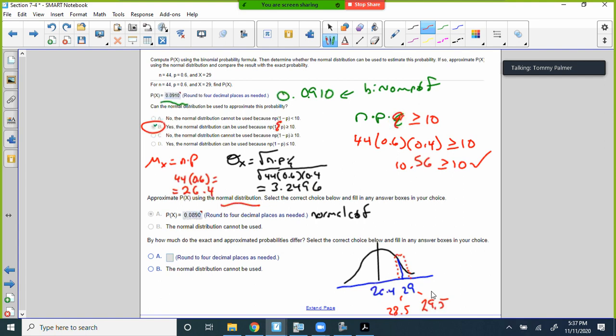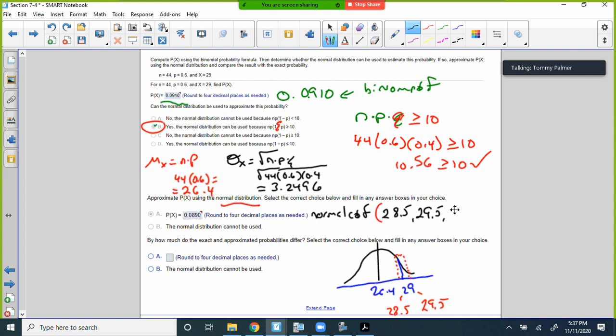So when we do this, the normal CDF says I need a lower limit. That lower limit is going to be 28.5, and the upper limit is 29.5.